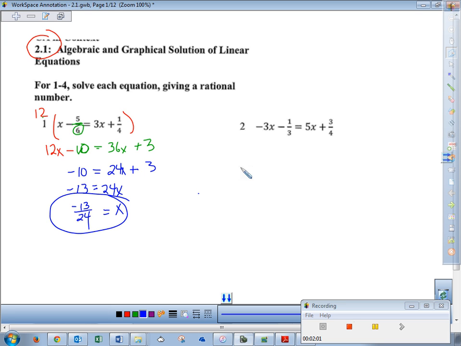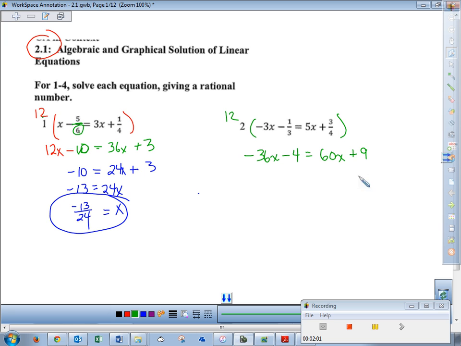Next guy, let's clear the fractions. What would we multiply everything by? Between a denominator of a 3 and a 4, we multiply by 12 again. Having pen problems today. I need a pen pal. Minus 3 goes in there 4 times. 60x. 4 goes into 12 3 times.